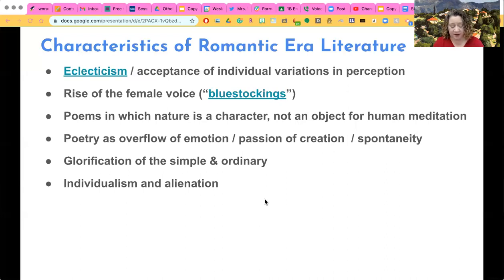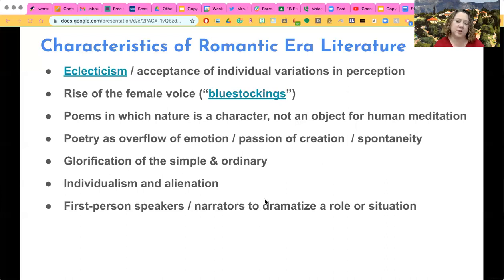Sometimes that causes separation and alienation, because the romantic writer is perceived in general as somebody who broods in his corner room, trying to come up with the best poetry, and isolates himself in order to create it. We see a lot of first person speakers, narratives to dramatize certain situations. So there's a lot of drama in the poetry as well, usually from a first person speaker.